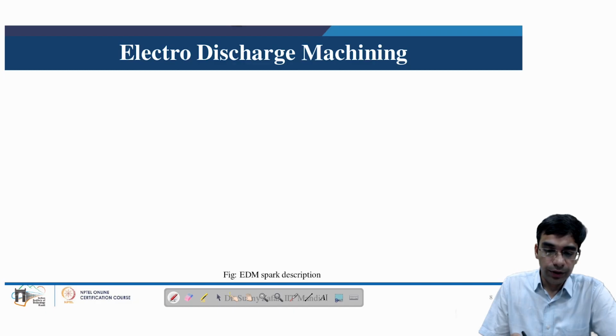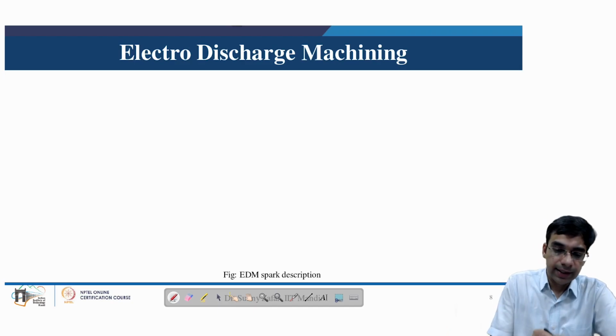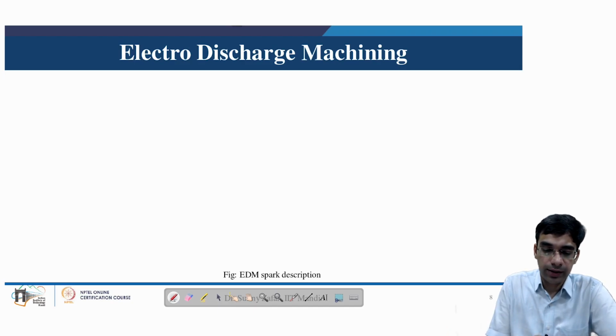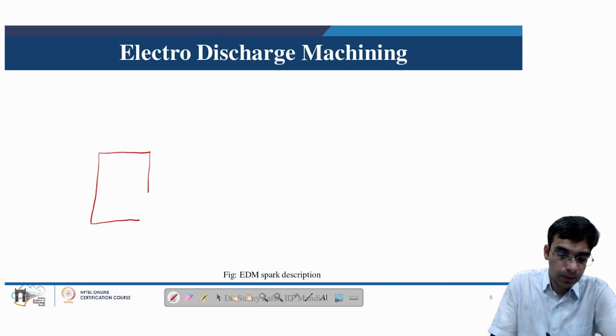So before we go into other details of the process, we will try to understand the basic setup used for electric discharge machining. So the setup of electric discharge machining consists of a DC pulse generator, where we have plus and minus.